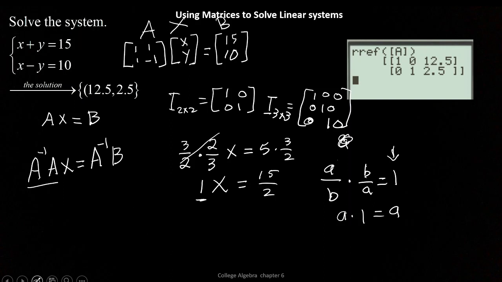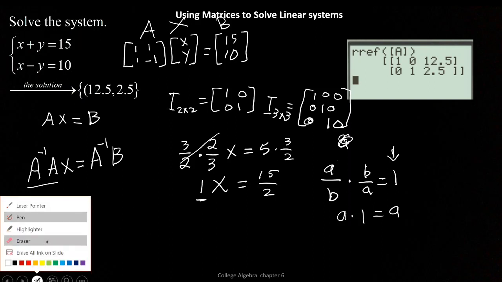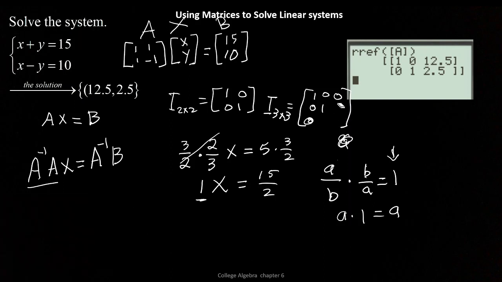I made a mess there. Let me fix that mess. So this is 0, 1, and this is 0 here. I 3, and so forth.